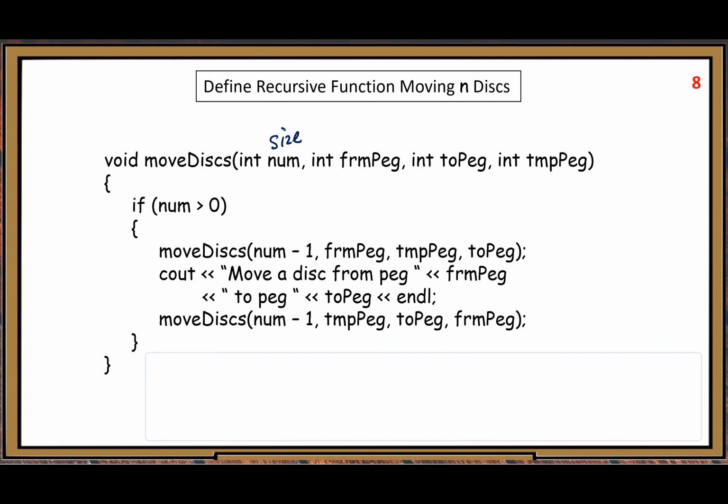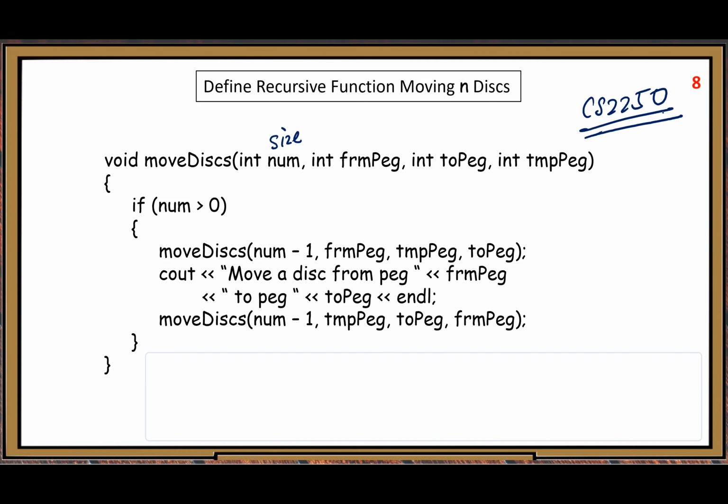Here I use C++ because that class is C++. This one I also borrow from CS3250. So I use the C++ way: cout, then the message, move a disk from peg, the from peg number, the parameter value, to peg, the destination.